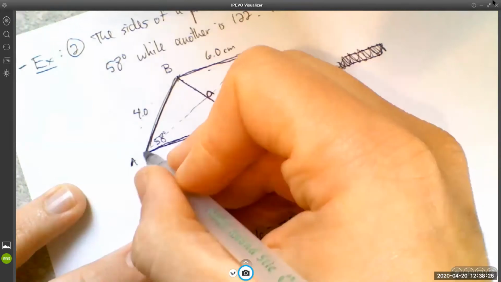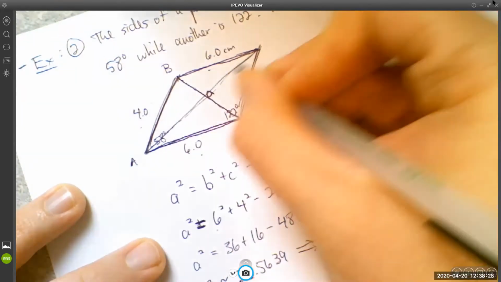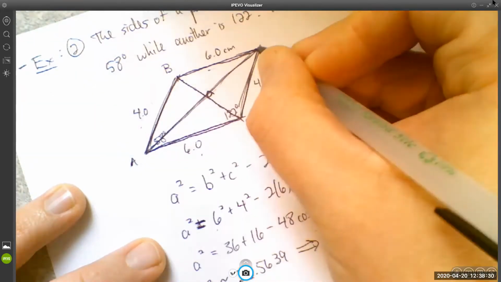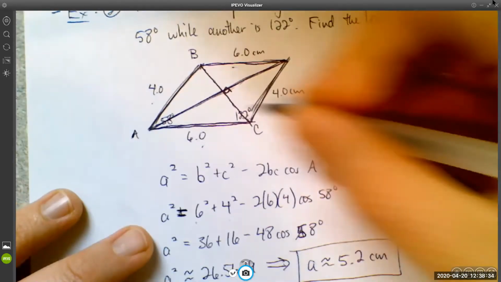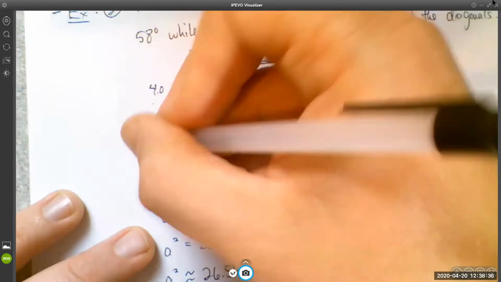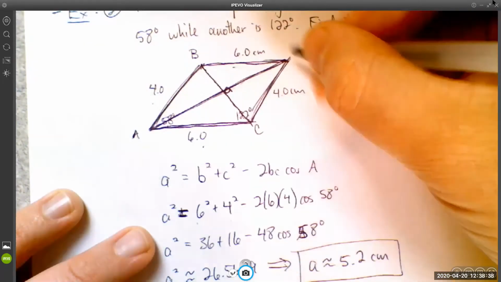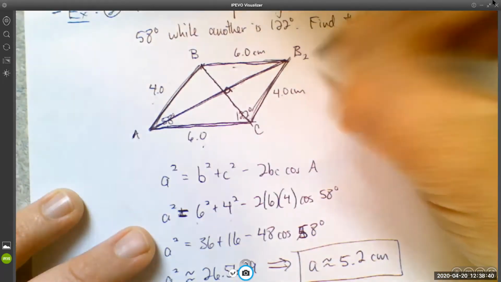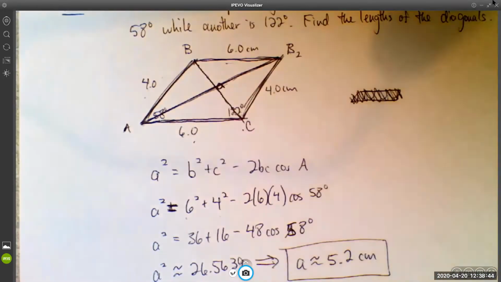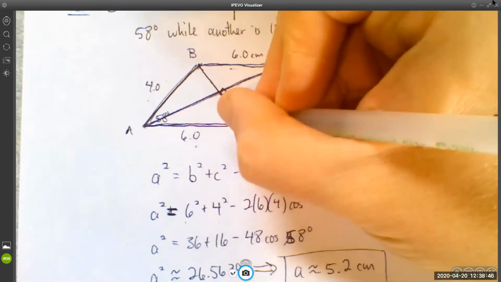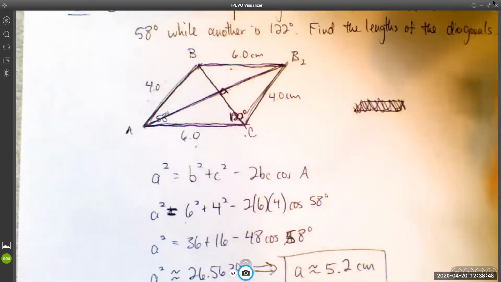And we can do something similar for the other diagonal. So I've got to use different letters now. Maybe I'll just call this one B2. So A, B, C. This time, this is the angle that I know, right? I know it's 122 degrees.